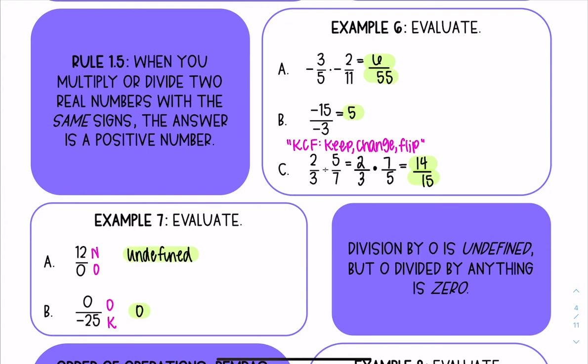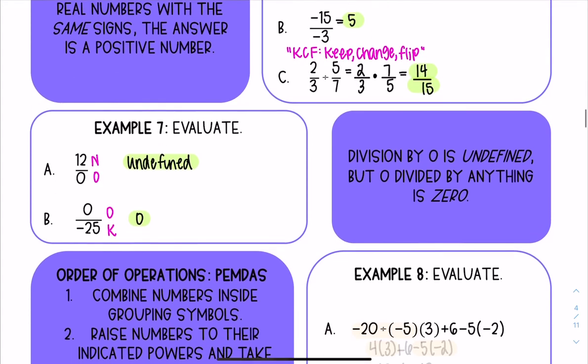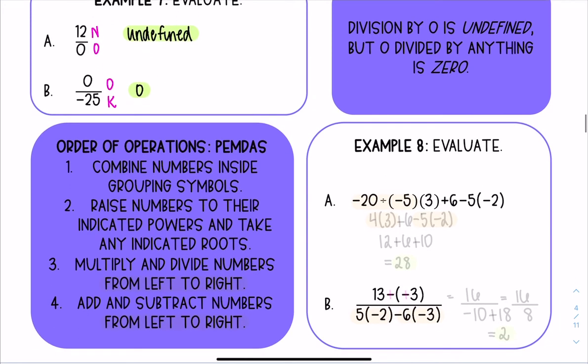And the last thing we want to get into for this section is order of operations, which you probably have heard of as PEMDAS. So the first thing you want to do is combine numbers inside grouping symbols. That's parentheses or brackets, something of that nature. Then we're going to raise numbers to their indicated powers and take any indicated roots. We multiply and divide numbers from left to right.